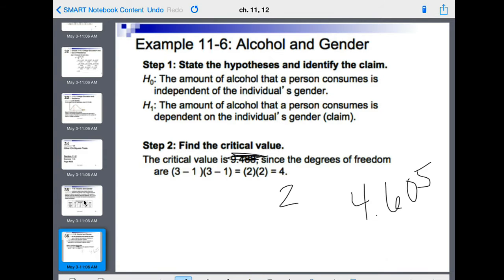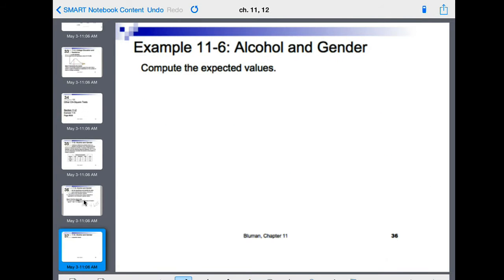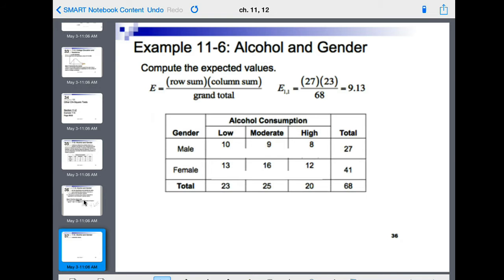So now, computing our test values, expected values. Computing our expected values. So we have our values here. We're going to take 27 times 23. 27 times 23 divided by 68, got 9.13. So when we look at our expected values, this is what we're going to get. Taking a row times our column divided by total.